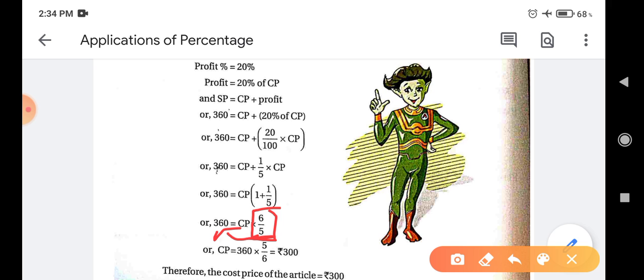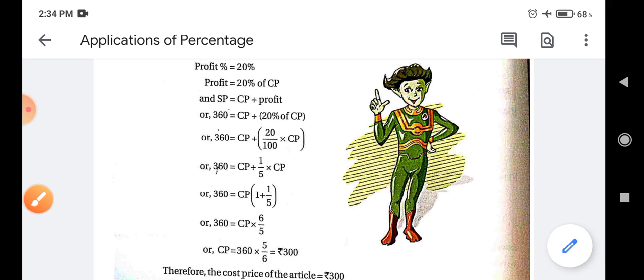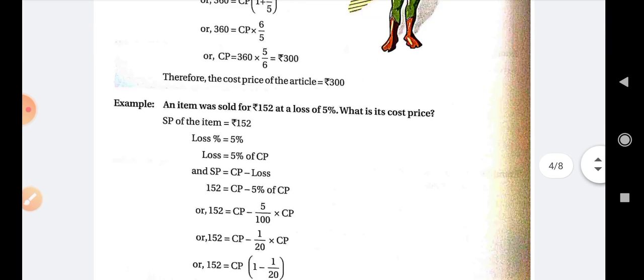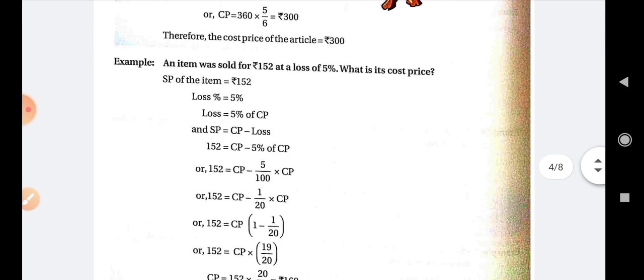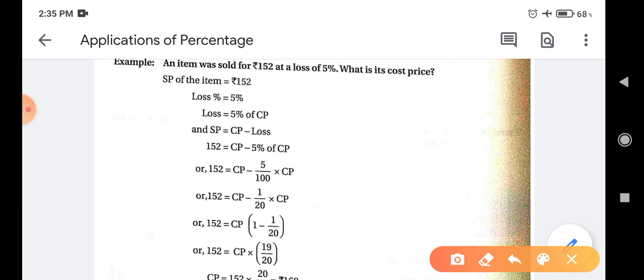So we can write 360 multiplied by 5 by 6. After cancellation we get 300. So the CP of the article is 300 rupees. In a similar way you can solve this question.